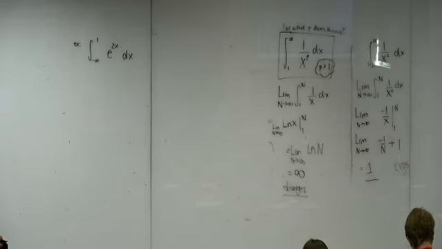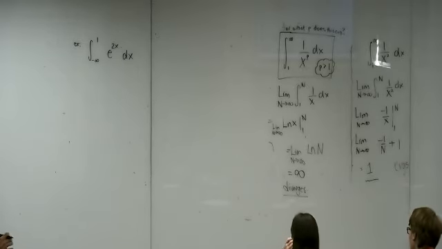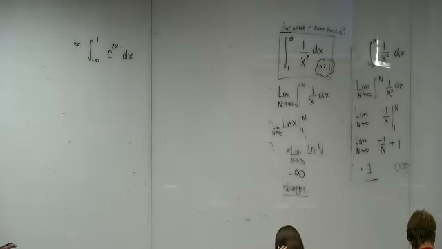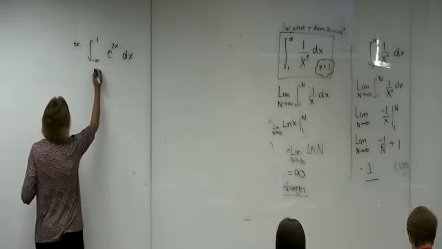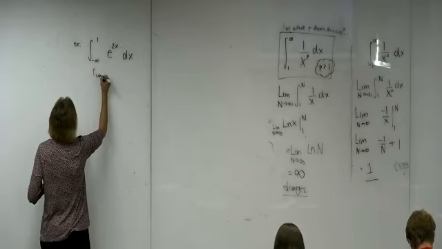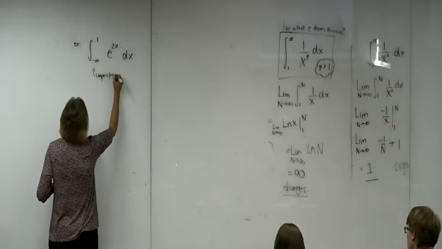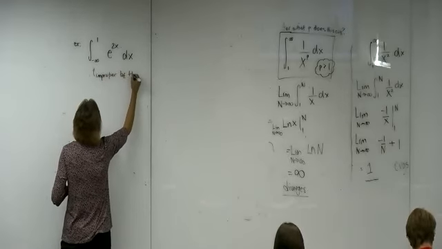So e to the x is a continuous function. It grows real quick. It's the minus infinity that makes this improper. Take a minute and state that it's improper because of this lower limit.